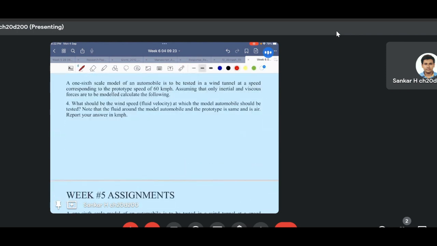So what is given here is that the prototype speed is 60 kilometer per hour. Prototype air is the same as model air, and prototype viscosity is the same, but there is a scaling for the length scale, which is a 1/6 model.